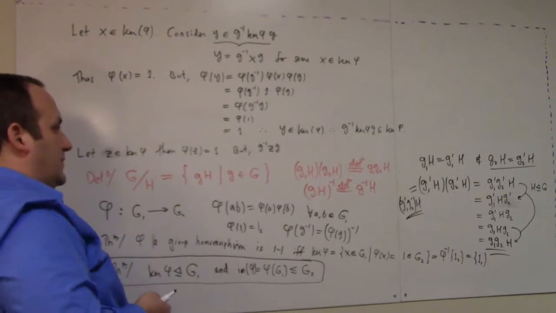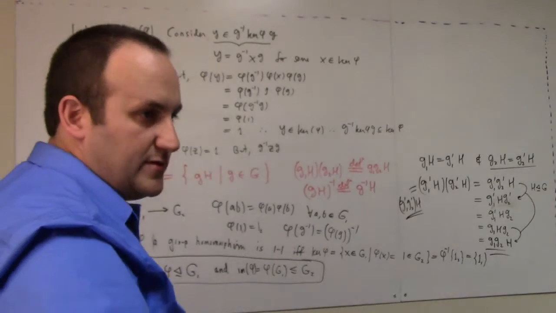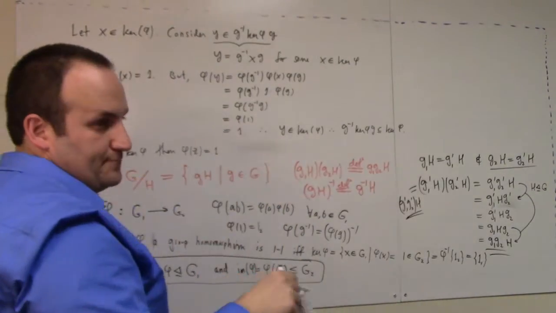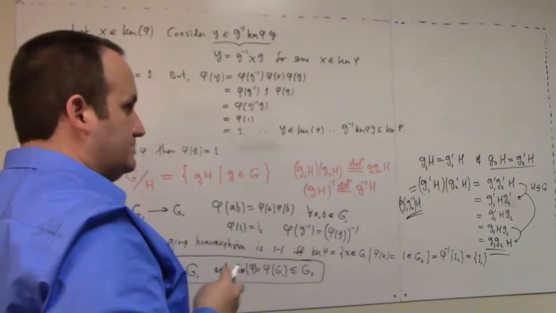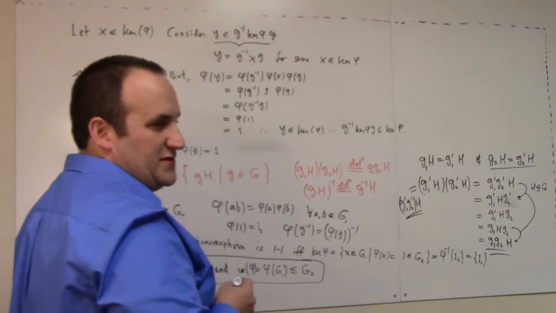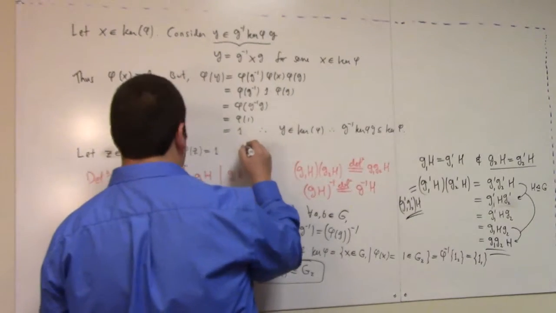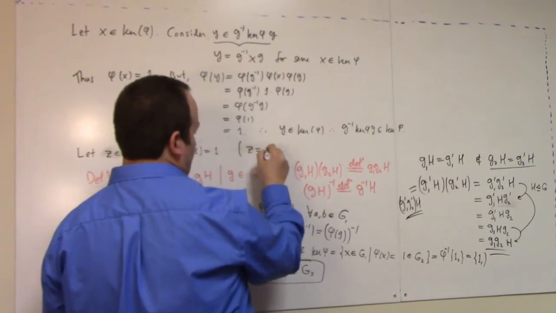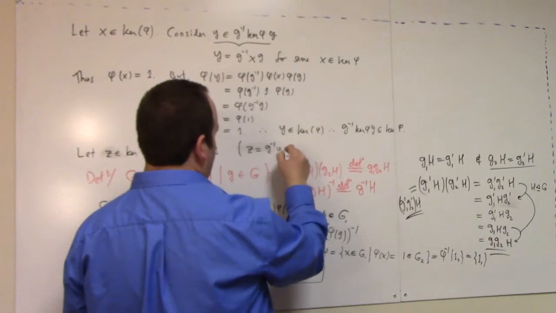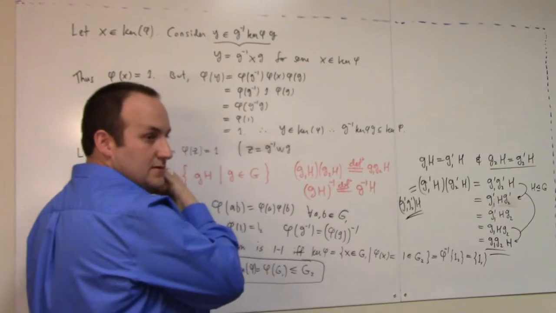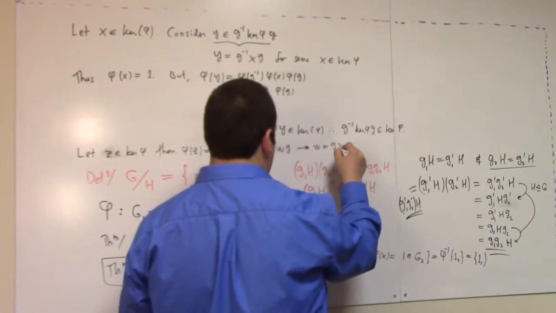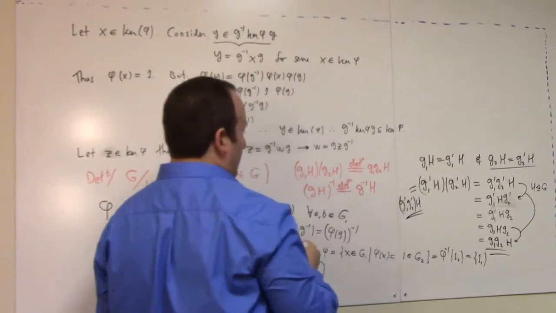So what should I do? I may be going down the wrong path at the moment. Do you have an idea? Sometimes it's helpful to just write what you want, right? We want z is equal to g inverse something else, w, g. So that says that the w we want is actually g inverse z g, right?